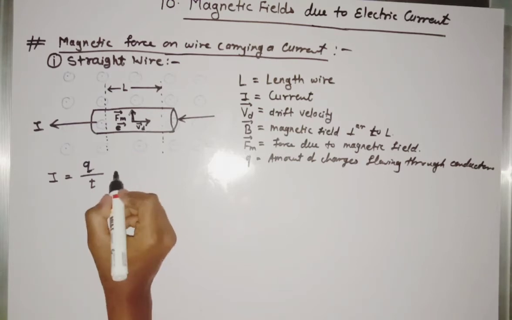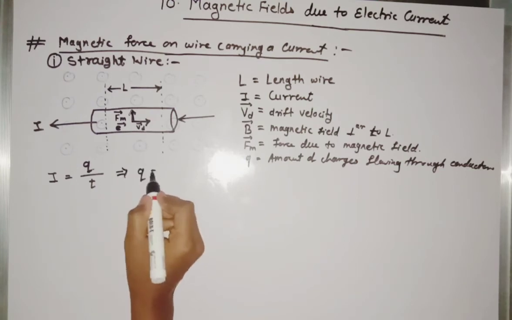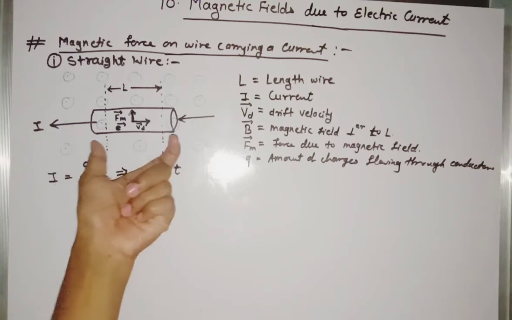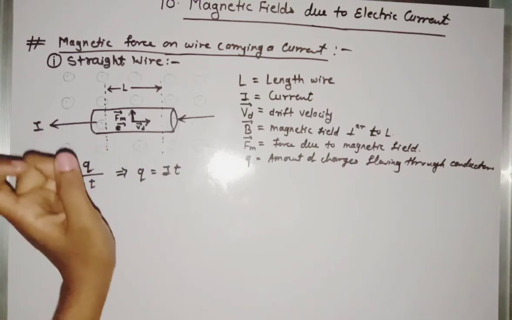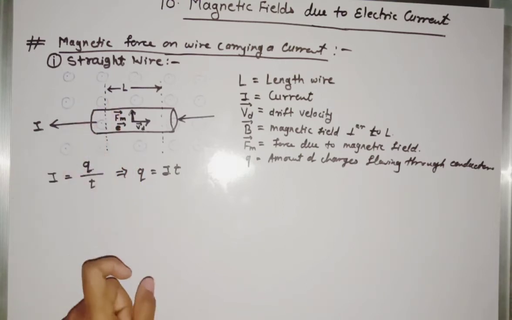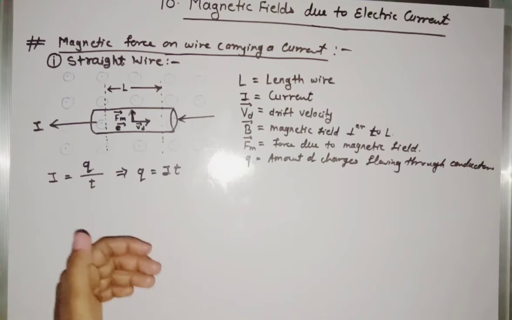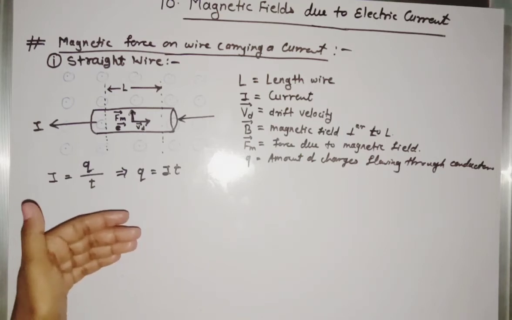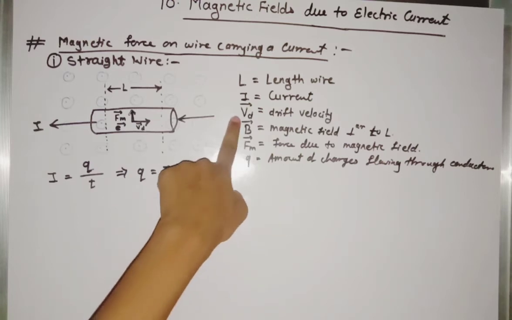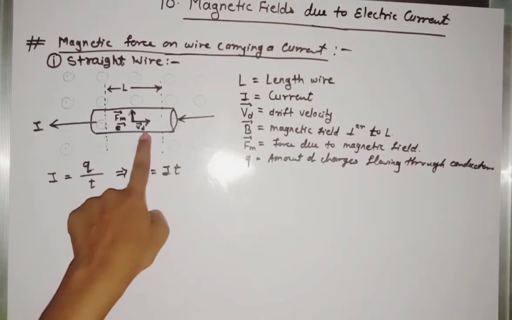So if I rearrange this equation, I will have Q is nothing but I into T. But from our diagram, if you see properly, here I is the current flowing through our straight wire, of which length is L. And the charges which are moving through this straight wire have a certain velocity, that is drift velocity, which we have considered, as shown in the diagram also.